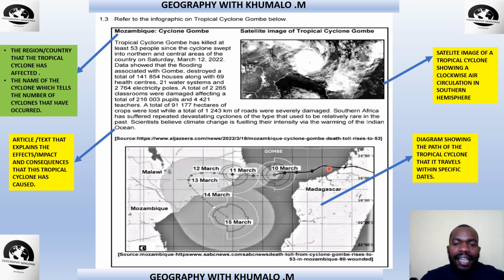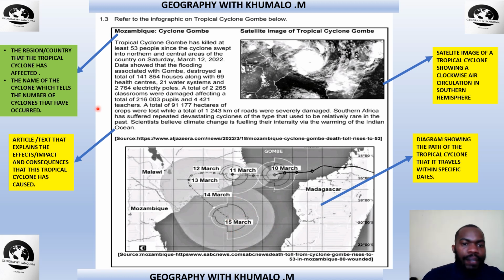And then another source is this map. It's a diagram showing the path of the tropical cyclone within a specific date. So we've got different dates. It tells us how this tropical cyclone moved from the day it started up until the 15th of March.